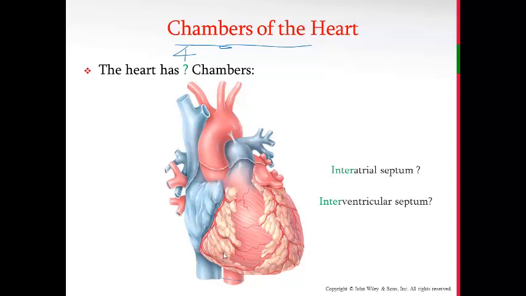Now, which side is the left side? Right. Use your apex, the pointy end. This would be your left side. This is your right. So, for instance, the atria are the ones on the top. You have the right atrium as well as the left atrium.